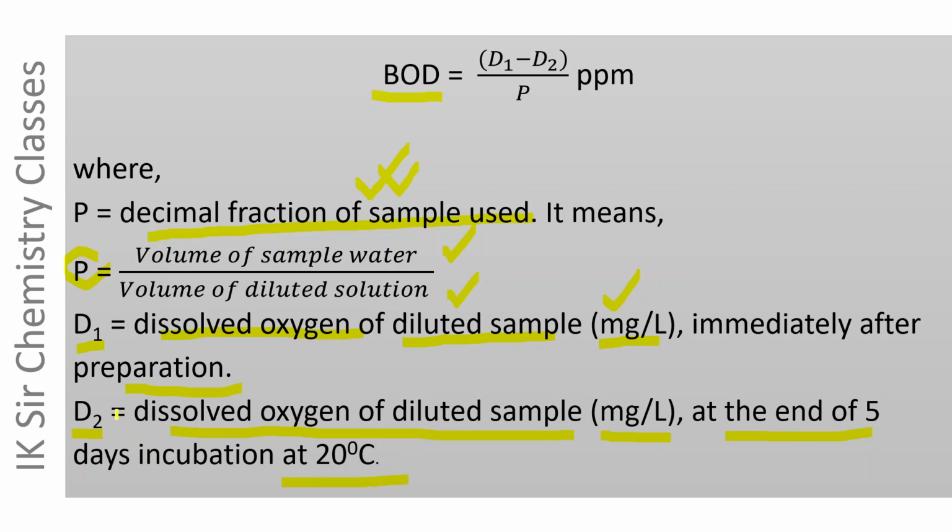D2 is the final dissolved oxygen level, while D1 is the initial dissolved oxygen level in the same unit, that is milligram per liter.